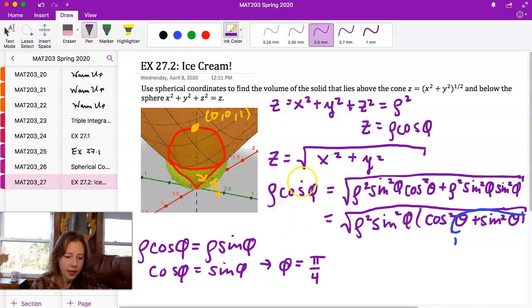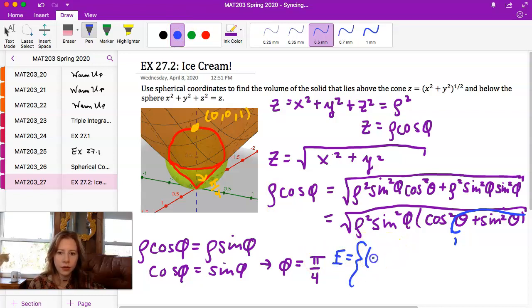So, knowing this, let's start to set our bounds. For E, our region with respect to rho, theta, and phi, we're going to have 0 is less than or equal to theta is less than or equal to 2 pi.